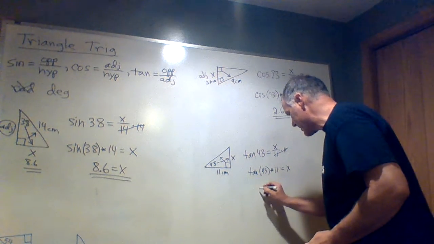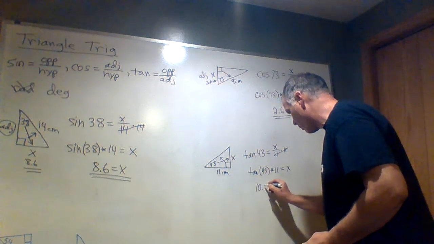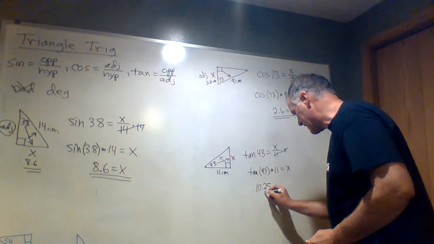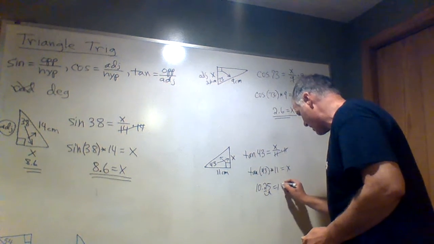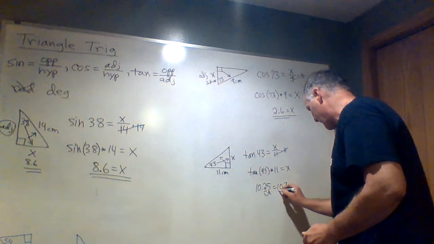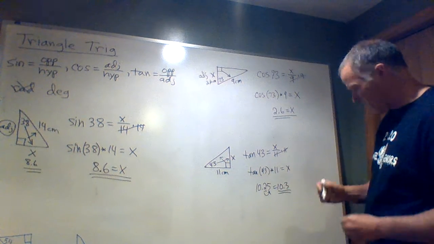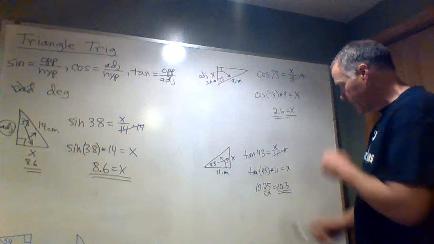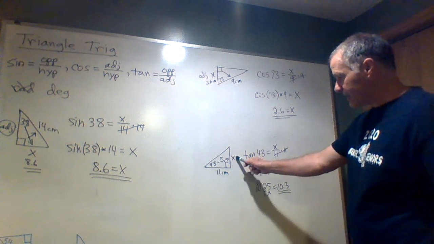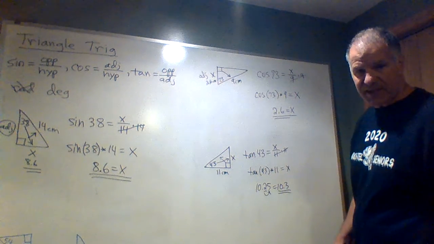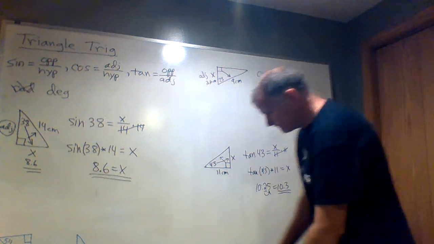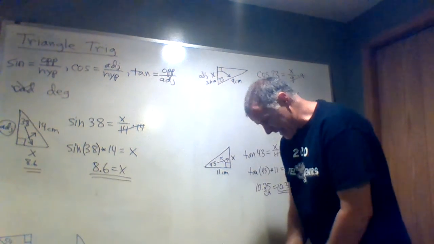So guys, 10.25. I'm underlining the 2 because it's a 5. 10.3. Okay, so 10.3 is the length of side x right there. Okay, 10.3. That's it right there.